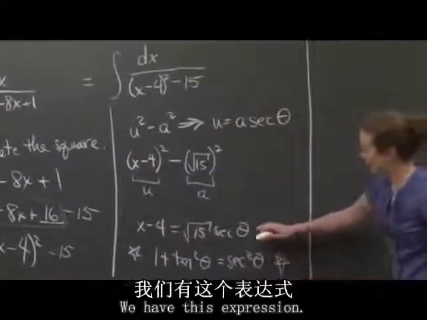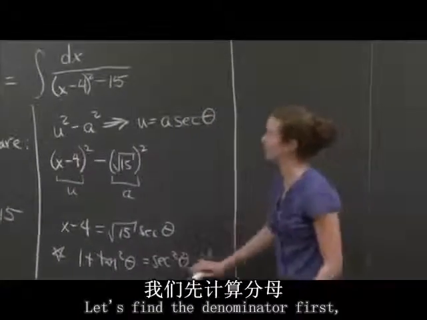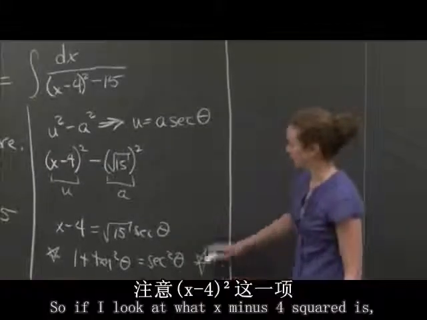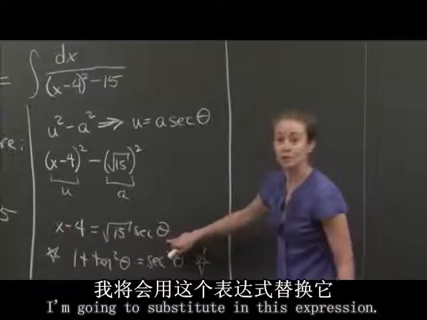So what did I say we needed? We have this expression, we need dx. So let's find the denominator first, because I was just talking about it. If I look at what x minus 4 squared minus 15 is, I'm going to substitute in this expression.